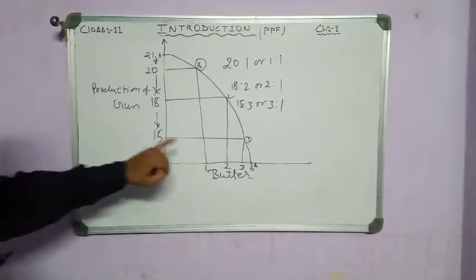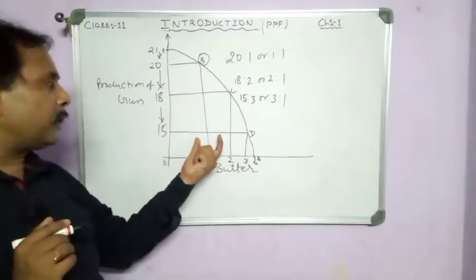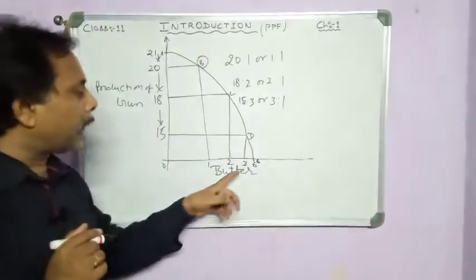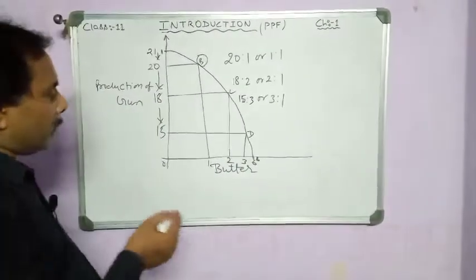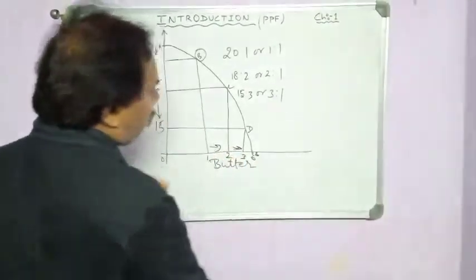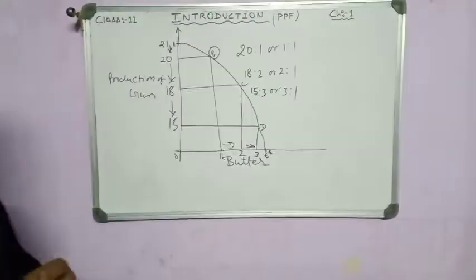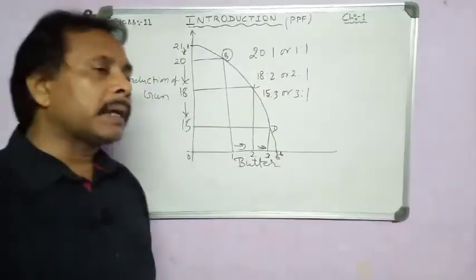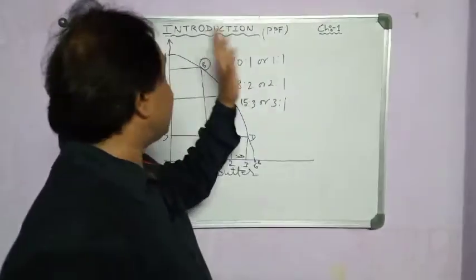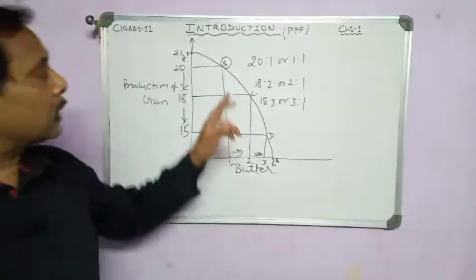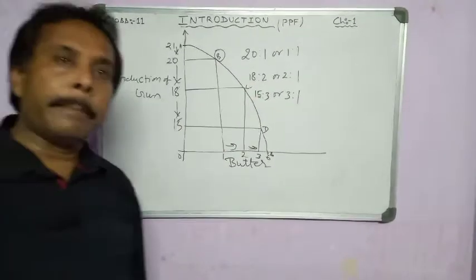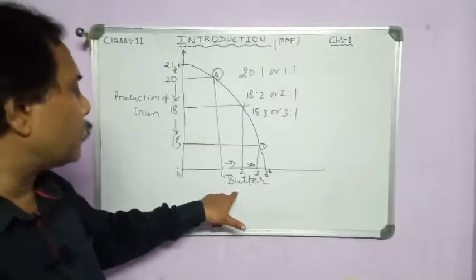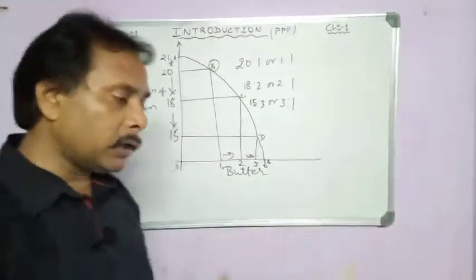So the D point indicates that from the given resources and the given technology, we are capable to produce 15 units of gun and 3 units of butter. Or we can say, if we want to increase the number of butter, we will have to sacrifice more and more guns. So the overall conclusion is that from the given resources, the PPC indicates that different possible combinations can be obtained, and it also indicates the maximum output of 2 goods from the given resources.